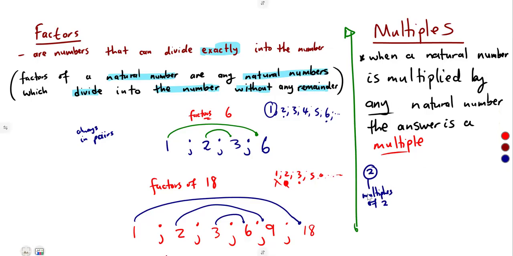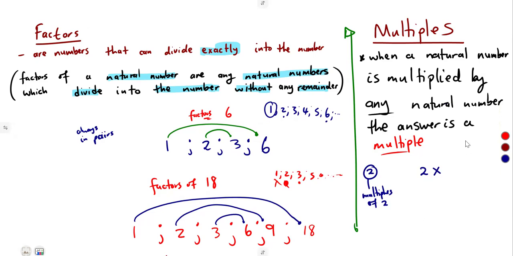You simply take the natural number, which is 2, multiply it to any natural number. Multiply it to 3, you are going to get a multiple. Multiply it to 4, you are going to get a multiple. Multiply it to 7, you are going to obtain a multiple. So how can you list them in an order?